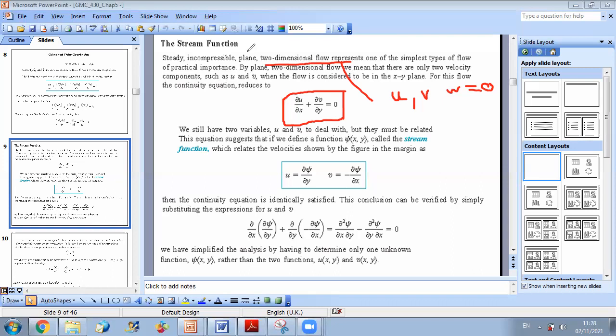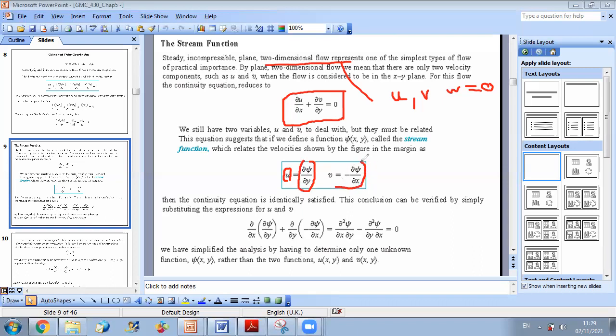If we consider the following definition, if we define the function psi of x and y in a way that the u component of the velocity field is equal to the partial derivative of psi with respect to y, and the v component of the velocity field is equal to minus del psi by del x, okay?